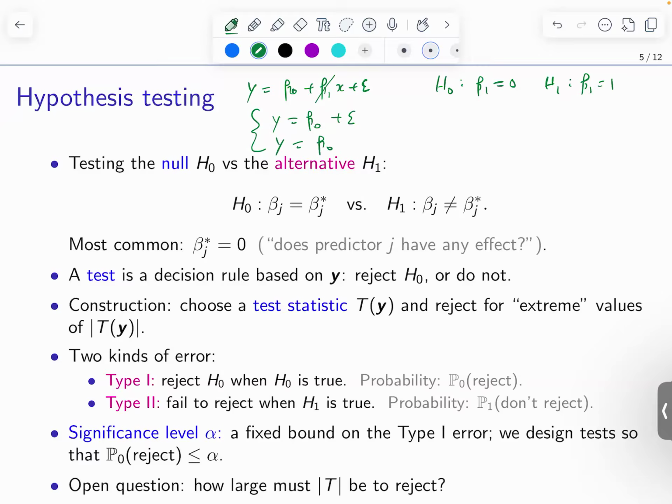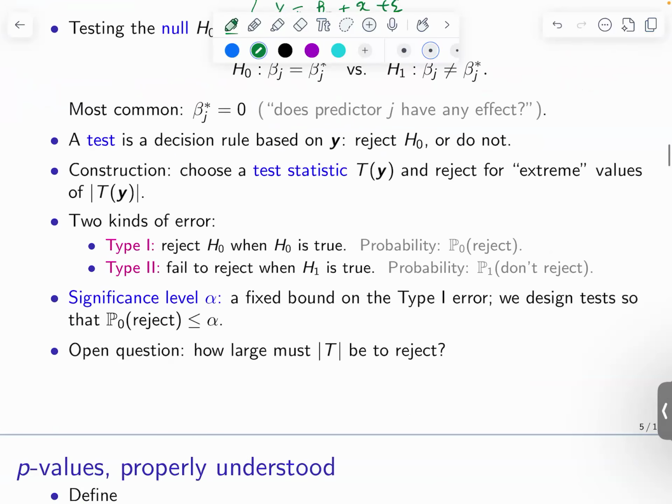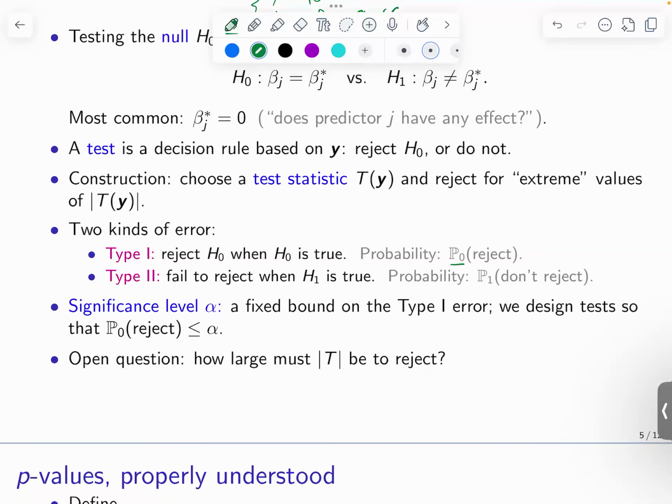So y is beta plus x plus epsilon. And so the distribution of y would change depending on which model we are under. And so the distribution of T(y) would change, for example, whatever statistic we have, under the two models. And so we end up getting two different probabilities for rejecting the null. People would represent this with pi 0 and pi 1.